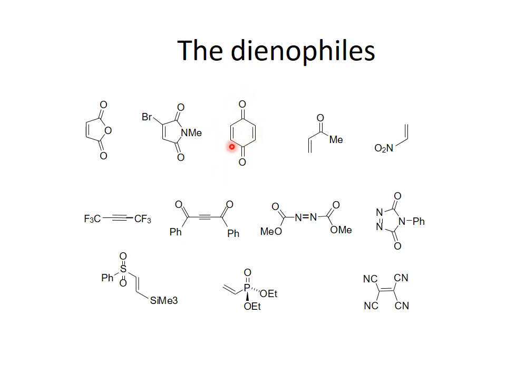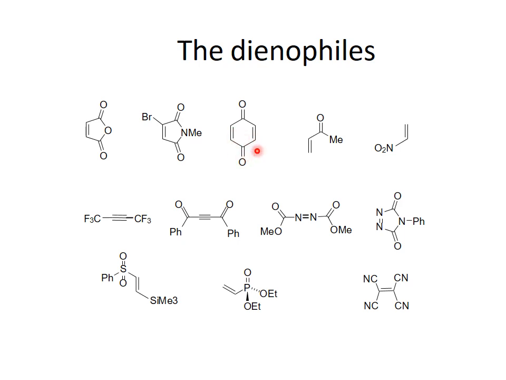So this is another dienophile. Ketone. Ketone is also an electron withdrawing group and it is attached with the double bond. The nitro group is attached with the double bond, so this is also a dienophile. See this one, an alkyne system. The triple bonded carbon is attached with CF3.